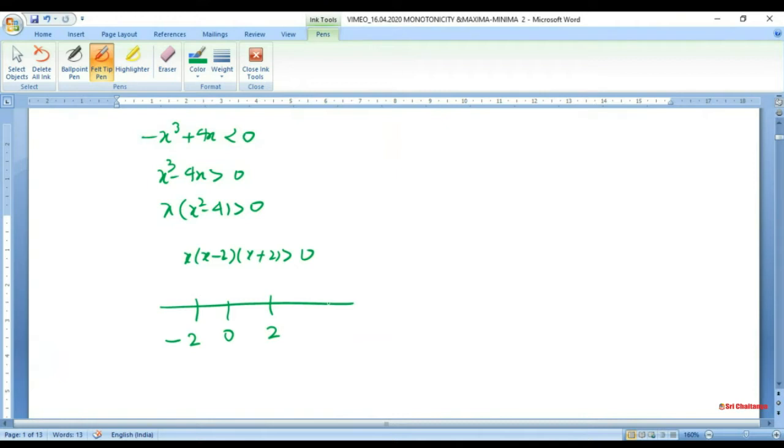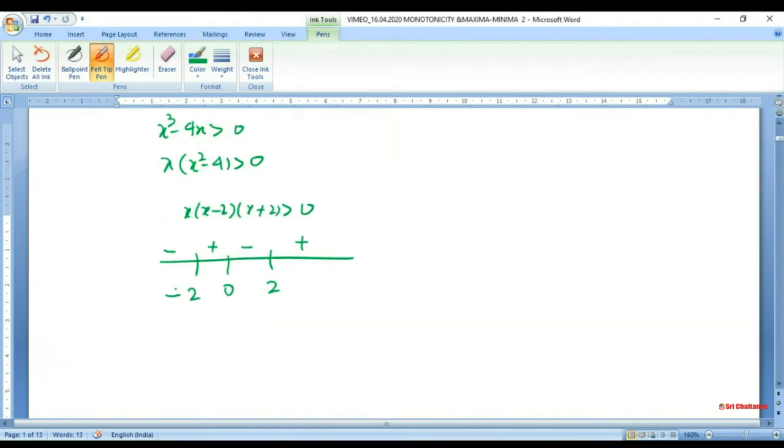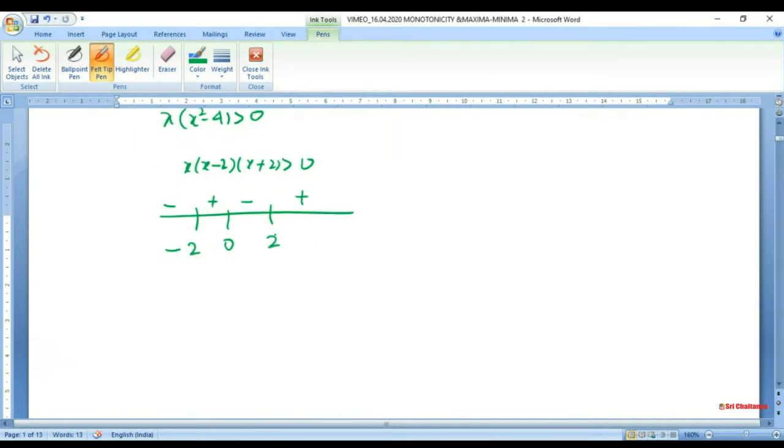Please note that after 2, the sign is positive. And the wavy curve tells you that unless roots are repeated an even number of times, the sign goes alternately positive, negative, positive, negative. And we pick out those intervals in which the sign is positive because we want it positive.